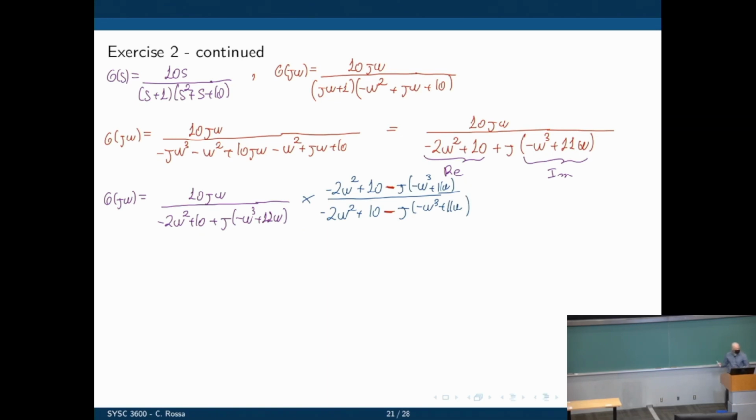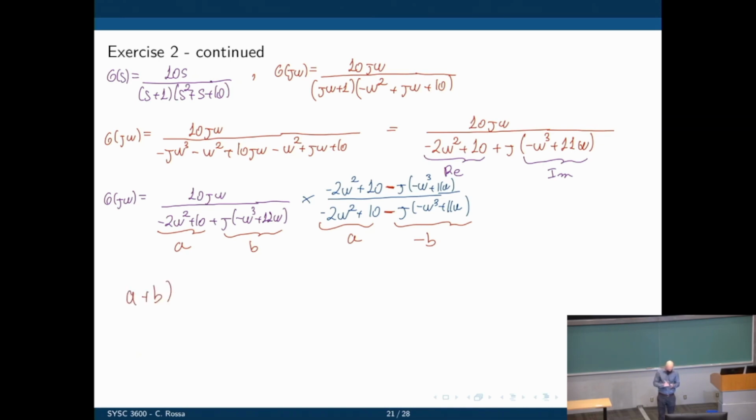So I didn't change the function, just multiplied it by 1. All right, but then you see that I'm taking the denominator, changing the sign of the imaginary part, and that's the conjugate of it. Why am I doing that? Because if here we have a, here we have b, here we have negative b. And when you do a plus b times a minus b, what do we get?